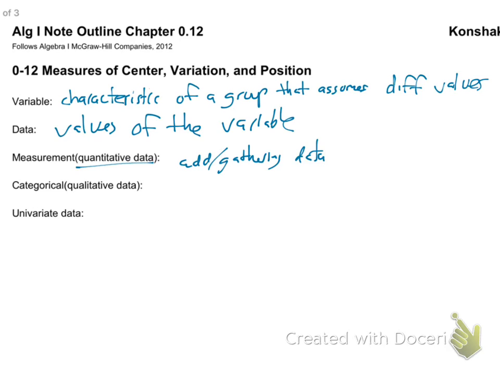The categorical side of it is not the data itself, but it's of the groups. So we can take a look at the data organized into different categories.